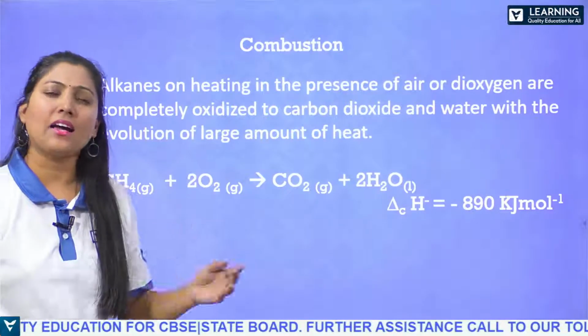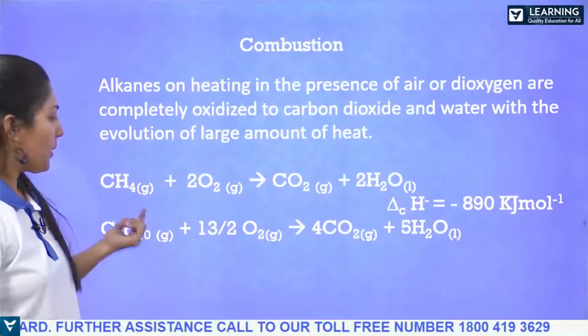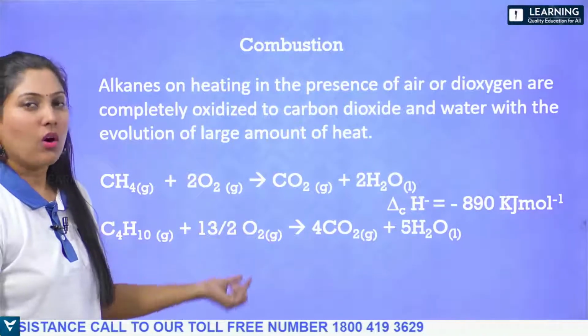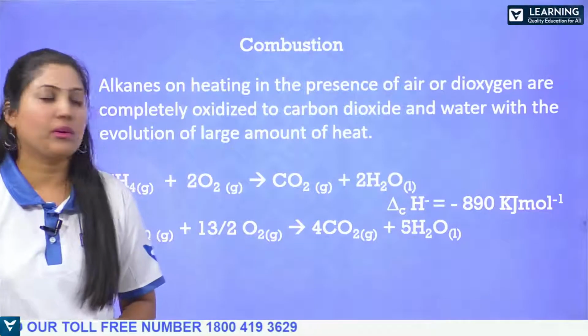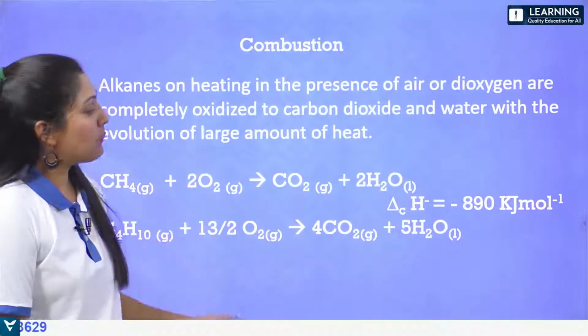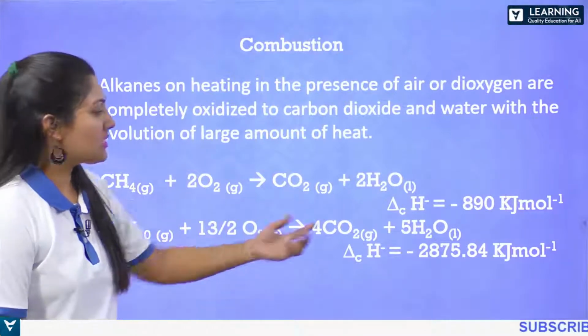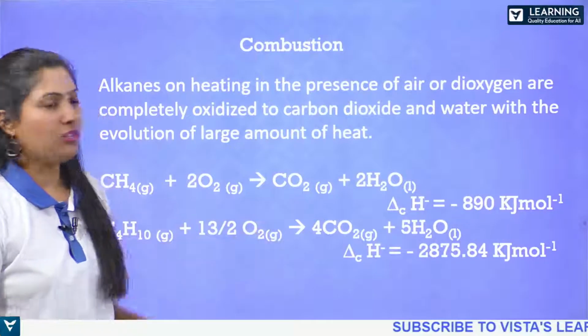If I take the higher hydrocarbons or alkanes, for example butane, it also reacts with oxygen and gives carbon dioxide and water molecules, and the energy liberated during this higher alkane combustion is higher than that of the first one.